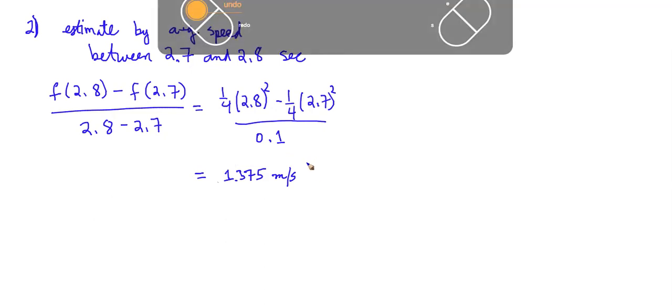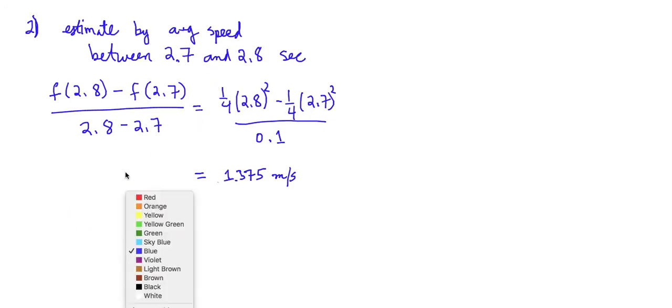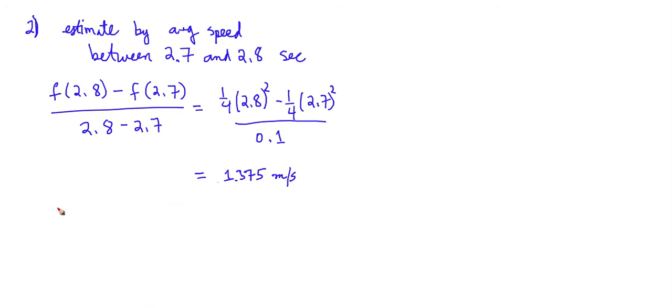So this is an estimate. I shouldn't box this in. This is an estimate between 2.7 and 2.8. Well, we should be able to get a better estimate, right? So, if we want a better estimate, we just use a smaller window. So why don't we estimate between 2.7 and 2.71 seconds?